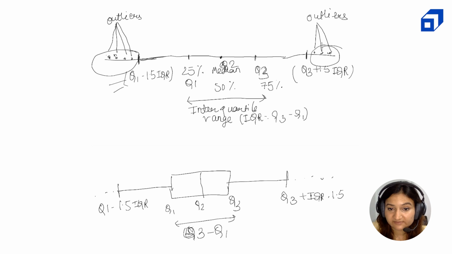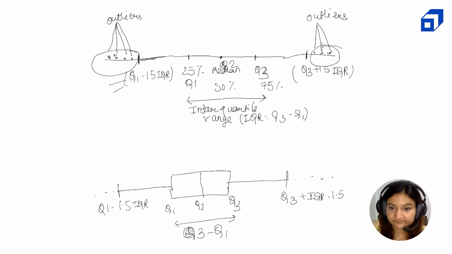Similarly we have quartile 3 at 75%, and the range between them is called the interquartile range. And over here we have the boundaries.